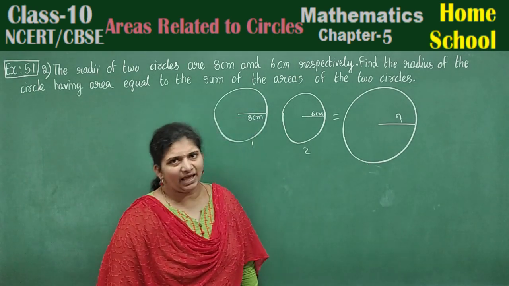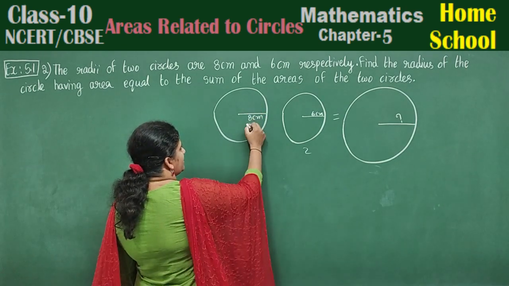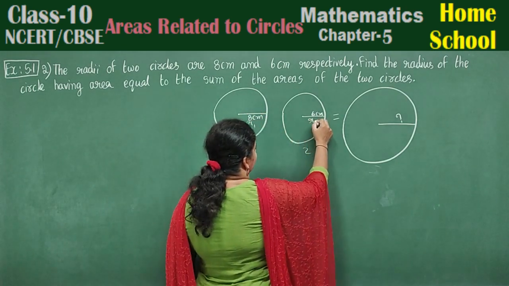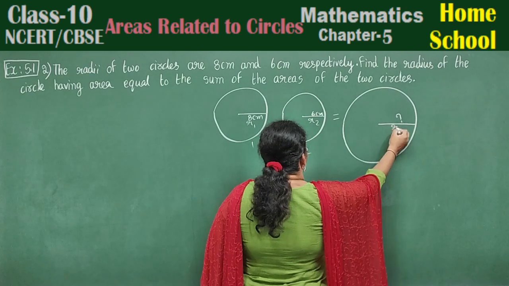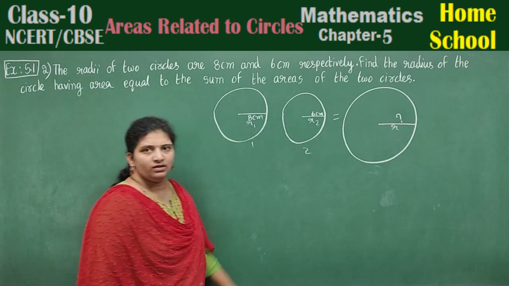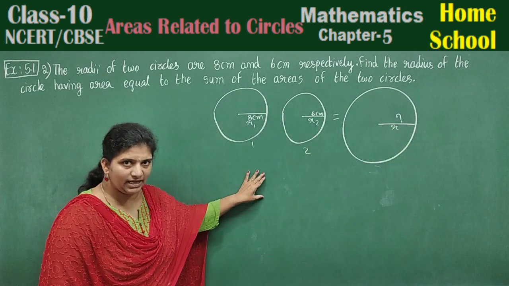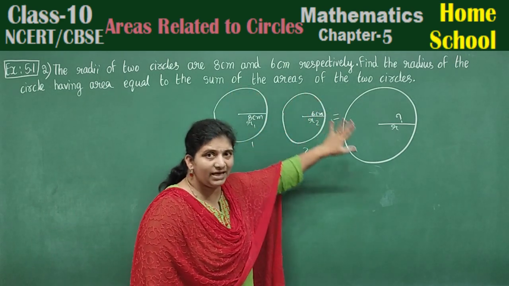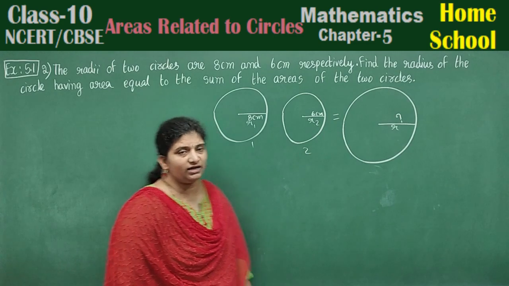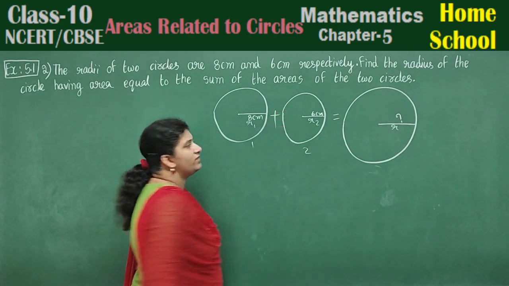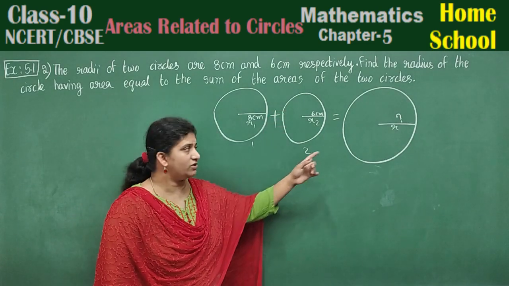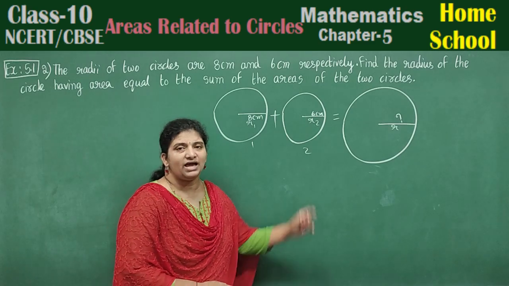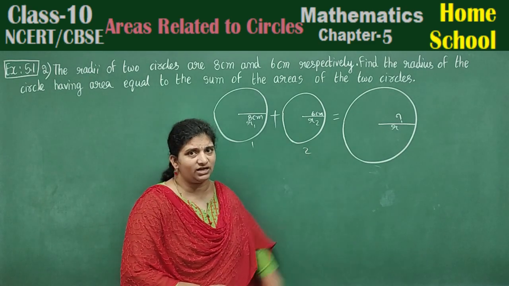Let this radius be R1 and this radius R2, and let the new radius be R. So the sum of the areas of these two circles is equal to the area of the new circle, and we need to find the radius of the new circle.